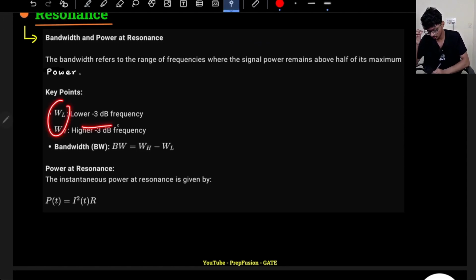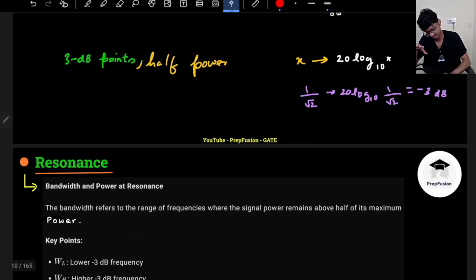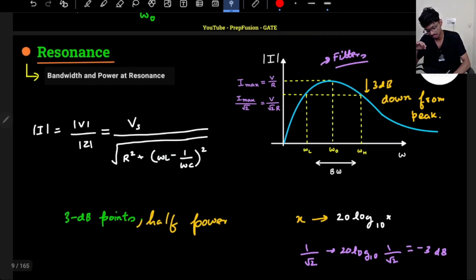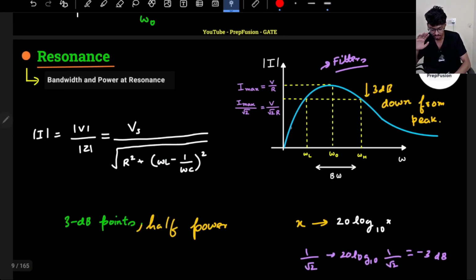So omega L is the lower 3 dB frequency and this is the higher minus 3 dB frequency. These are known as minus 3 dB frequencies. Why higher and lower? Initially you reach the peak; you can start from lower to higher, then go from higher to lower. So I will cut this I max by root 2 twice in my whole journey.